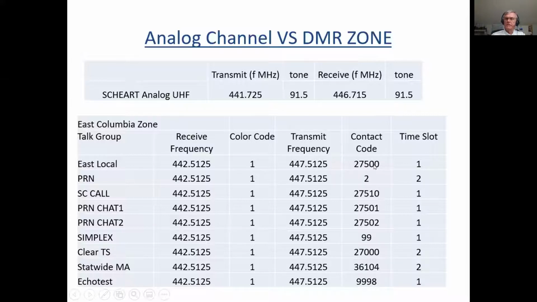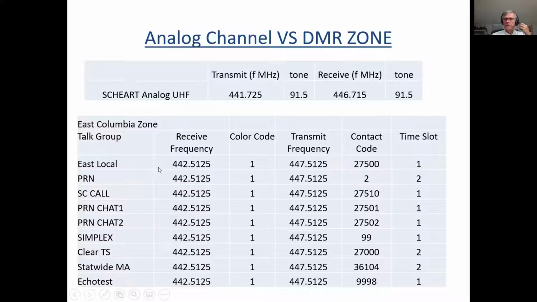So if I want a local conversation on our system, it's 27500. That's my digital code, and it must be on time slot 1. Everybody that programs that in will hear anyone that comes up on local and starts talking, and it does not interfere with the other channel.